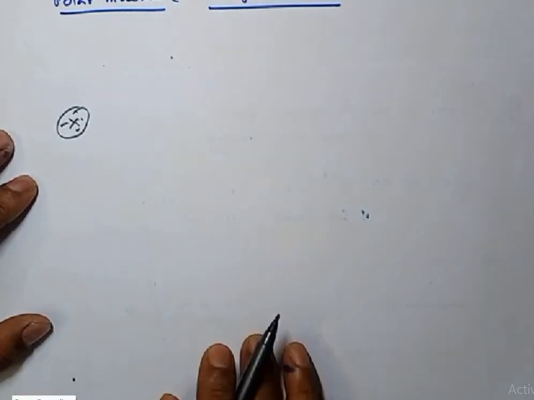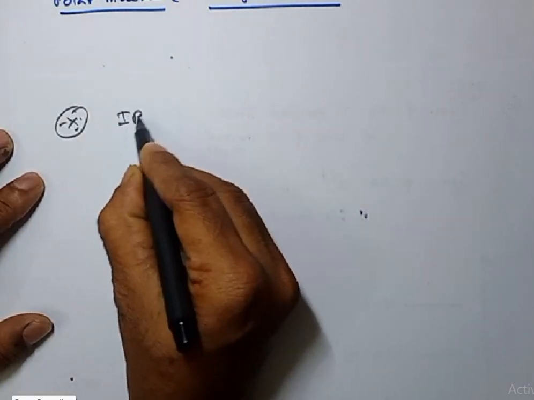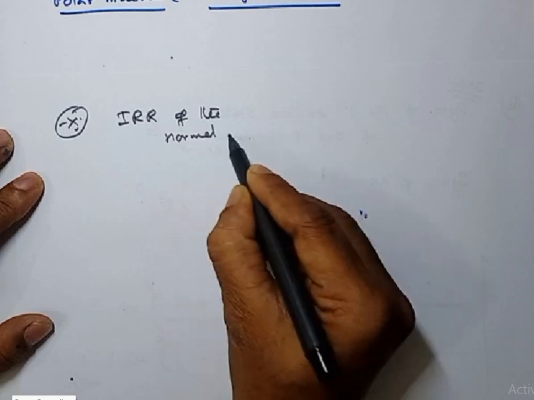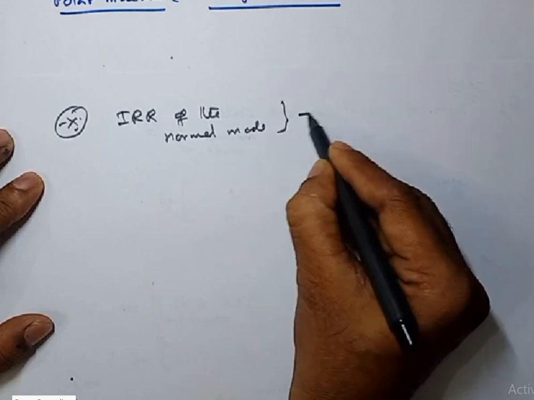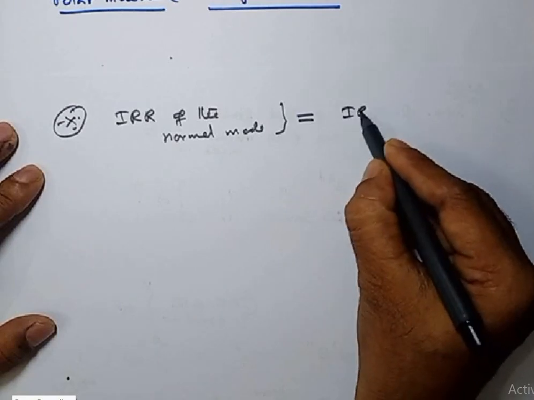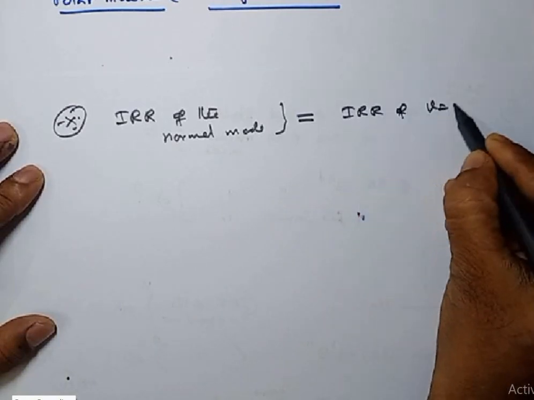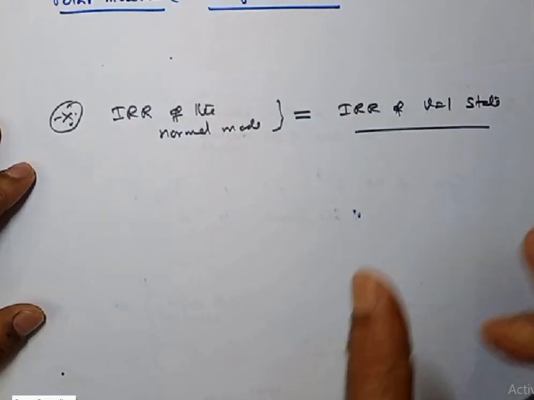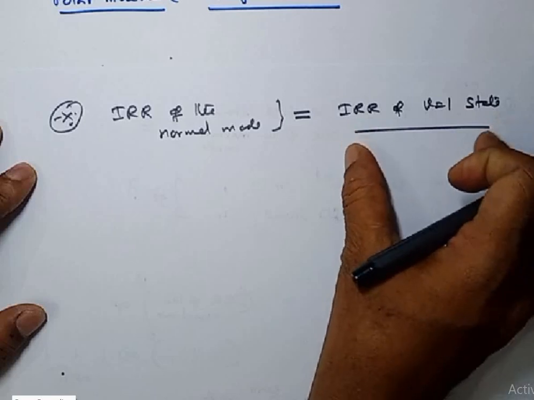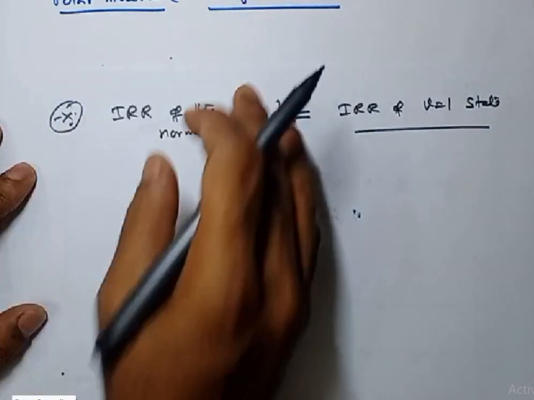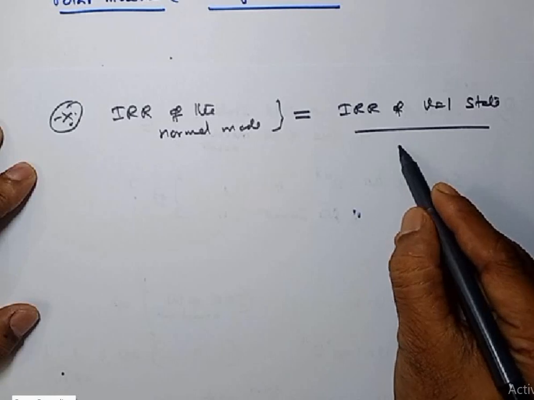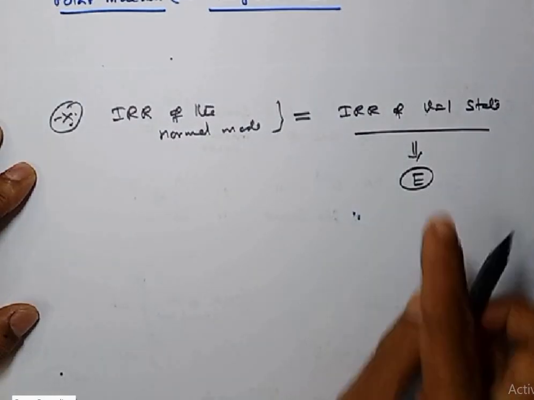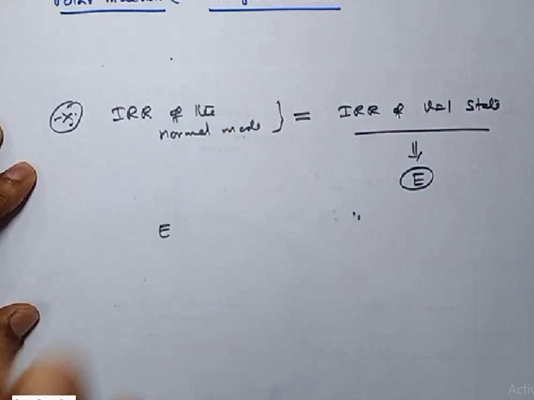The irreducible representation of the normal mode is equal to the irreducible representation of the V equal to 1 state, that is, the first excited vibrational state. And in this problem, this is given as E. Therefore, the normal mode irreducible representation is also E.